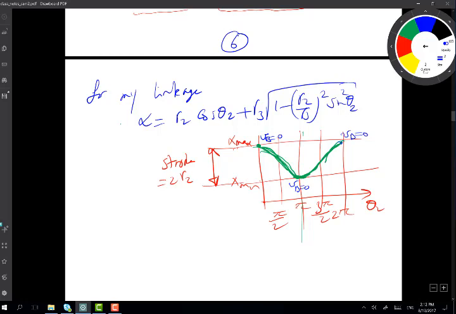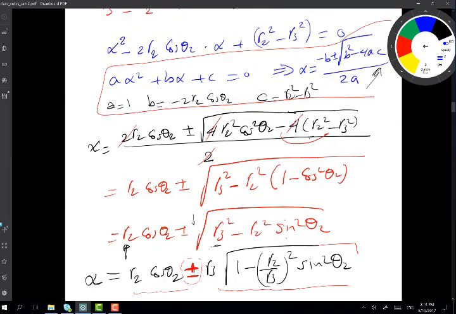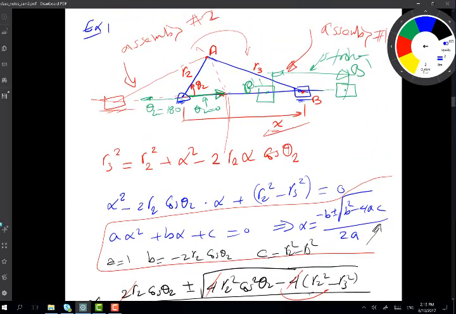We called them stationary positions before. Between them, you get the stroke. All right, so this is about the slider and the way it moves.